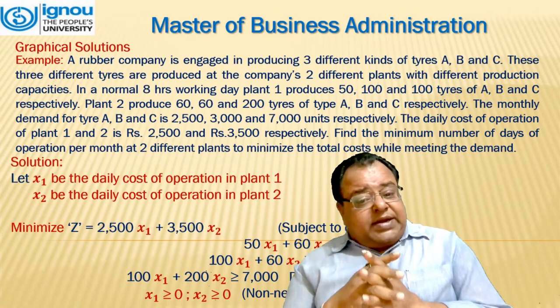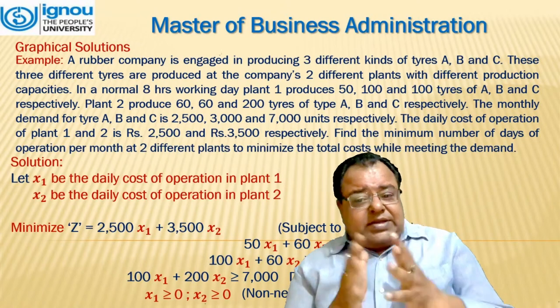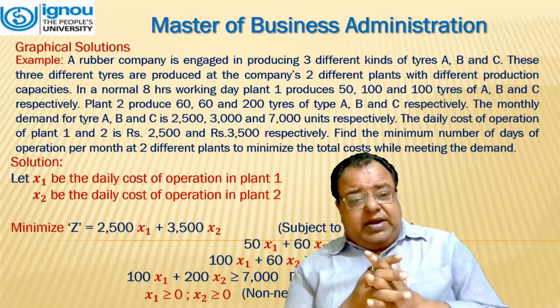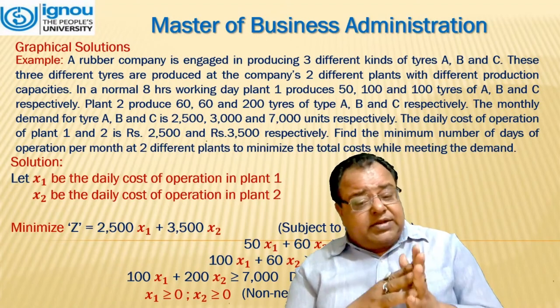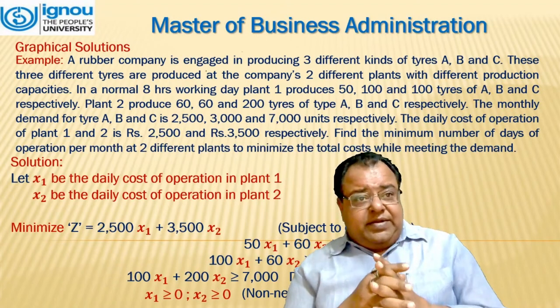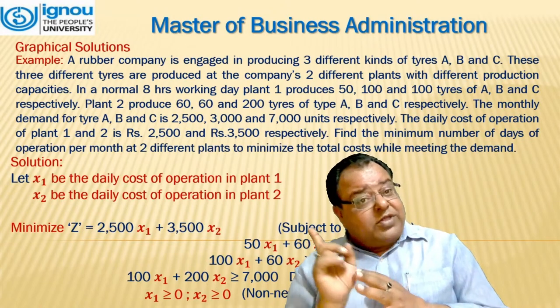How to place that sign? We have to go back to the problem. We can see over there, the monthly demand of tire A is 2,500. So that means the left hand side has to be greater than or equal to 2,500 on the right side.